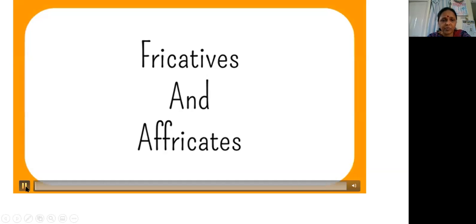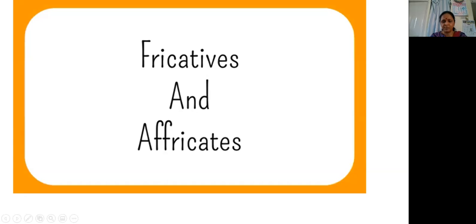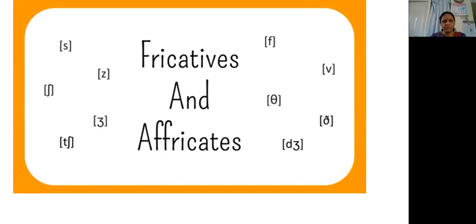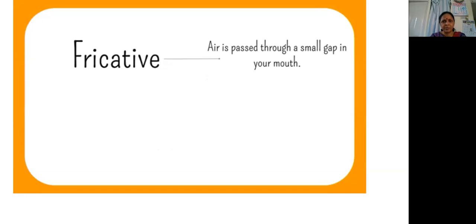Welcome to a series all about the sounds of English. In this series, we are going to learn all about the physical sounds that we have in English. Today, we're going to learn about the fricatives and affricates, in particular, these ones. Fricatives are sounds that happen when air is passed through a small gap in your mouth, causing turbulence. The air is never fully blocked. Think of friction.